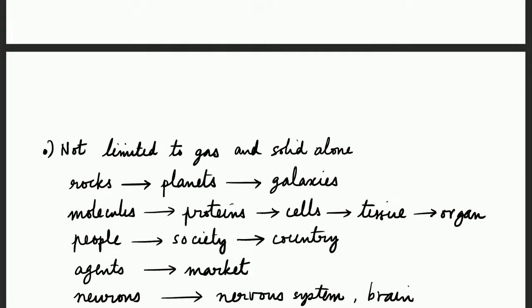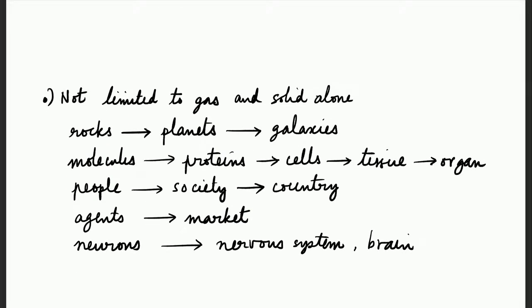So these are standard examples, but we could have more esoteric examples. You could have rocks becoming planets, becoming galaxies as you change scale, or molecules at the nanometer scale becoming protein, cells, tissue, organ. So, for example, if I want to know the contraction and expansion of a heart, I can plot its signal, I can make some rules for that.